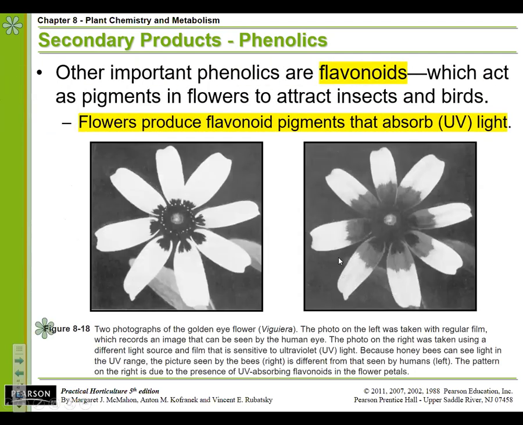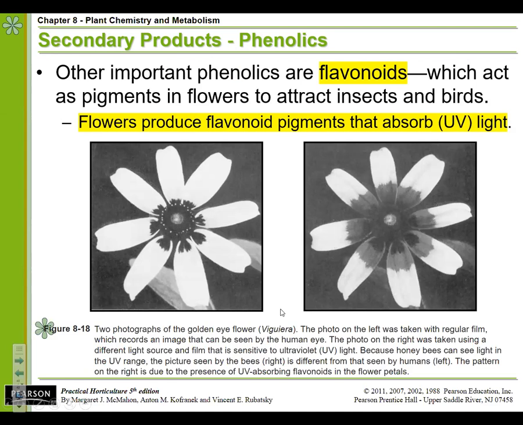The other important class of phenolics are the flavonoids, which we usually see acting as pigments in flowers. For the plants, that's a way to attract insects and birds. We're also finding that these flavonoids are becoming important for people as well, somewhat nutritional.